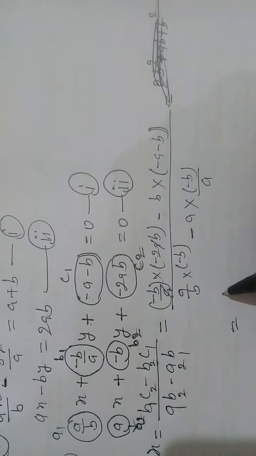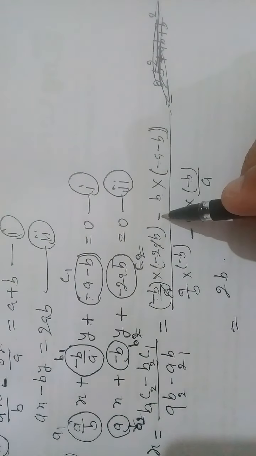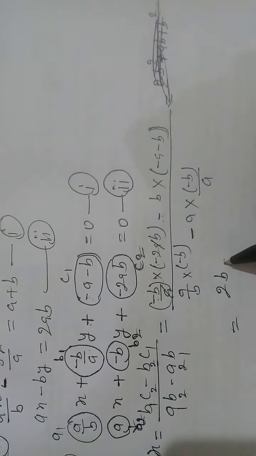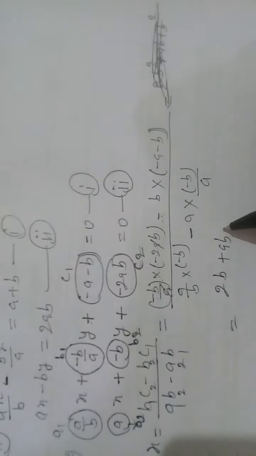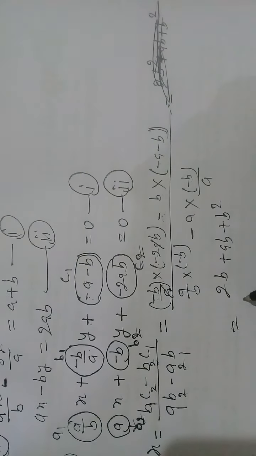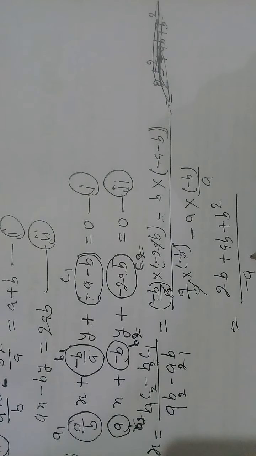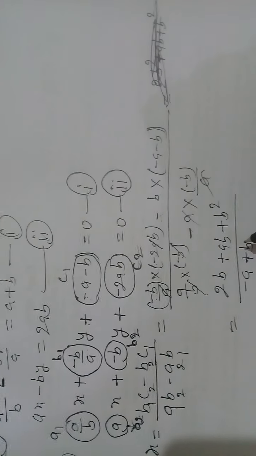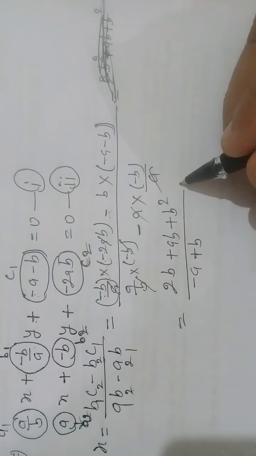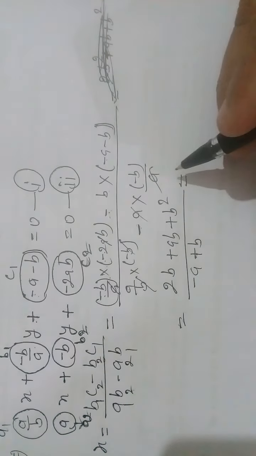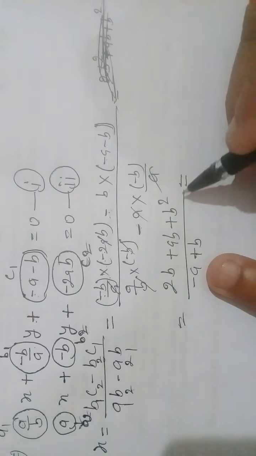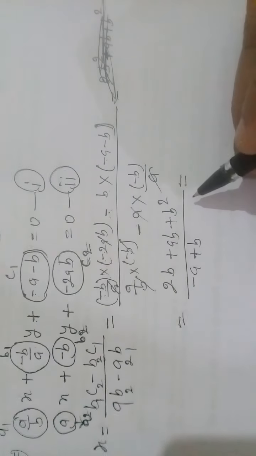I can write here minus minus plus 2B minus B minus minus plus AB minus minus plus B square by B cancel, minus A minus minus A cancel, minus minus plus B is equal to A plus B. What's the answer of this question?